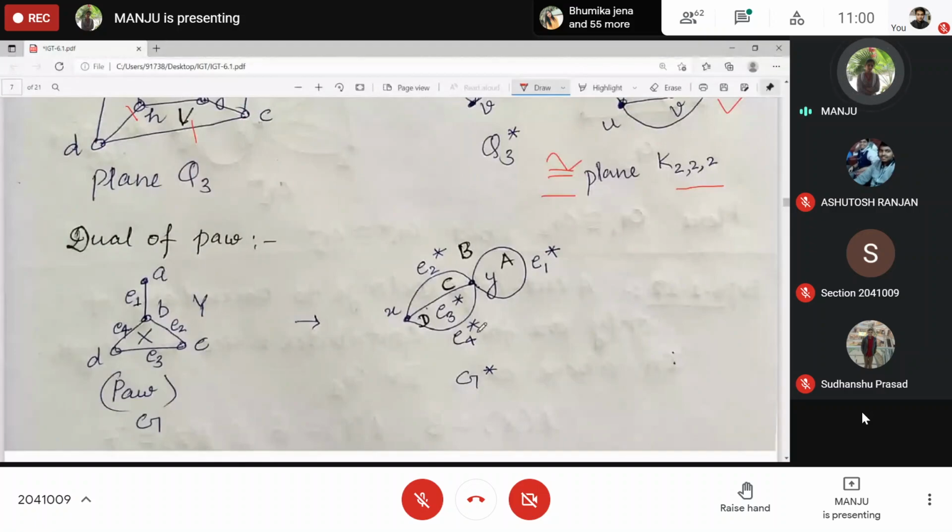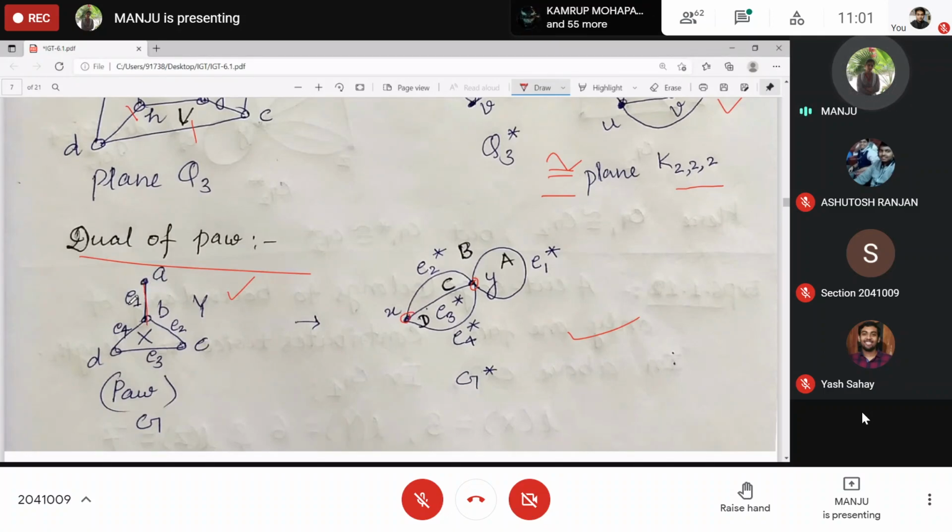Now try to draw the dual of this graph. How many regions? 2 regions, so 2 vertices will be there. Corresponding to this edge, we have one loop.